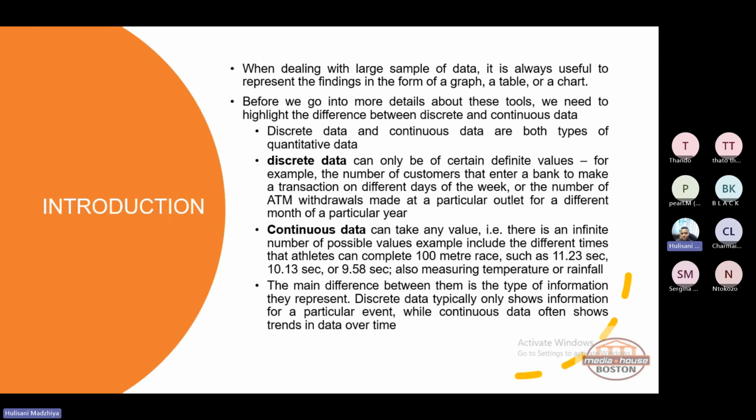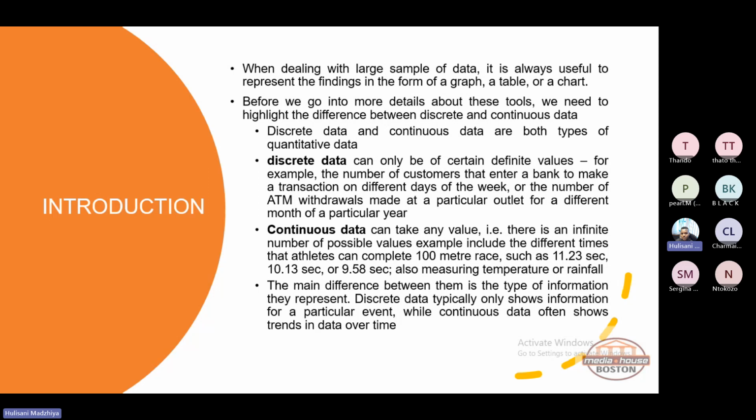Meaning that with discrete data, we can only focus on data for a particular year, month or period. We cannot go over a specific period and say we're looking at data for the next 3 years or the previous 3 years. Discrete data does not allow that.